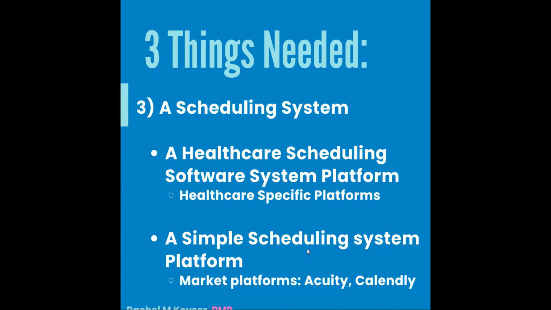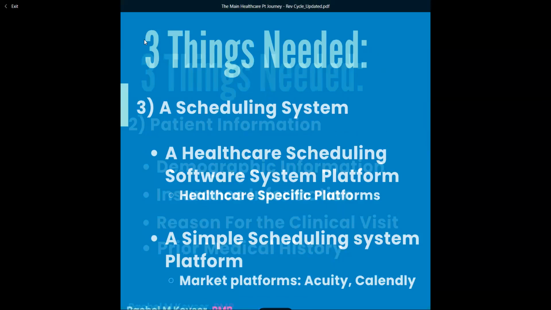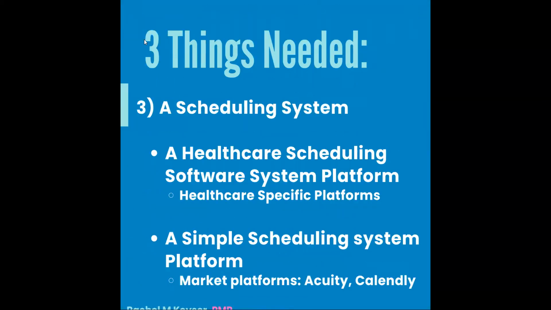So they may decide to create their own simple thing and have a scheduling platform. There are scheduling platforms on the market, something like Acuity or Calendly or any other.